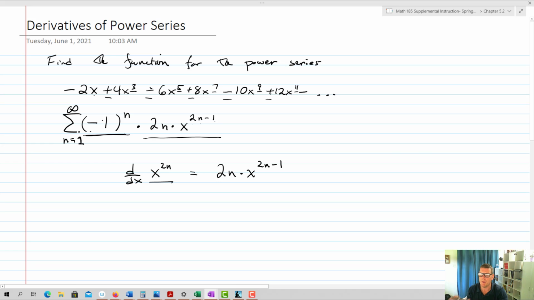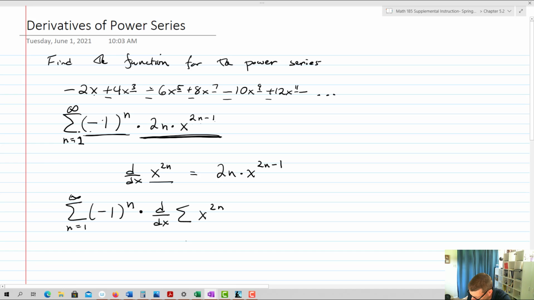We won't incorporate it right now. What we're going to do is just think about this 2n times x to the 2n minus 1. So now I've got the sum, n equals 1 up to infinity, of negative 1 to the n times d dx, the sum of x to the 2n.